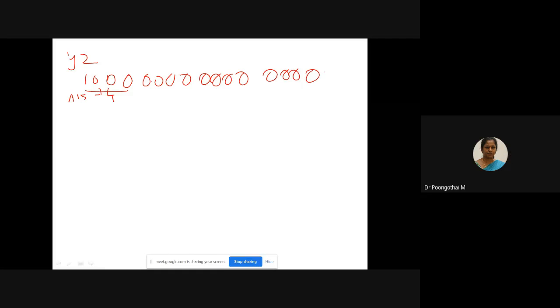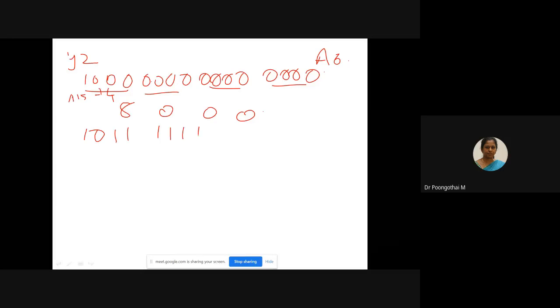So the answer is 8000. This will be your A0. Next case, same 1, 0 for A15, A14. The remaining address bits are all 1. So B triple F. Is that right? B triple F. Okay.